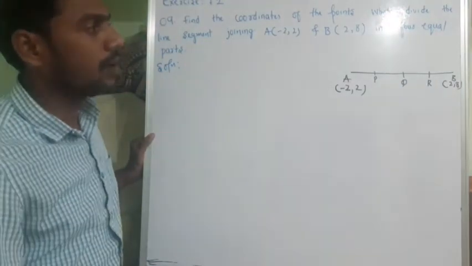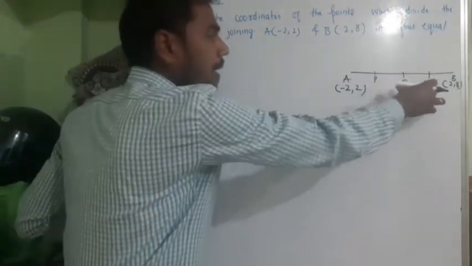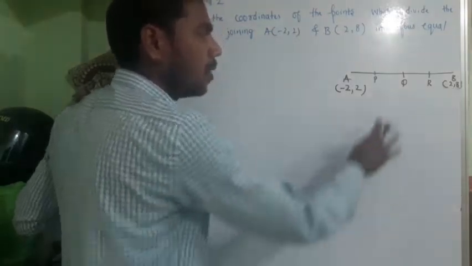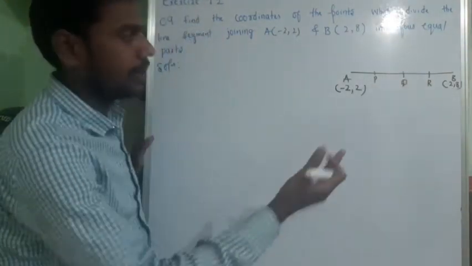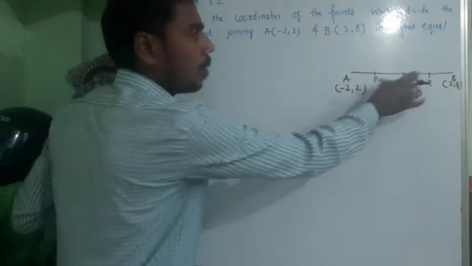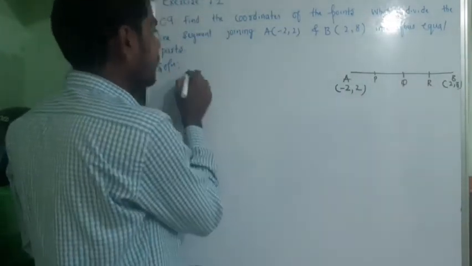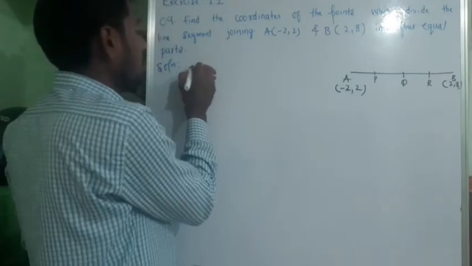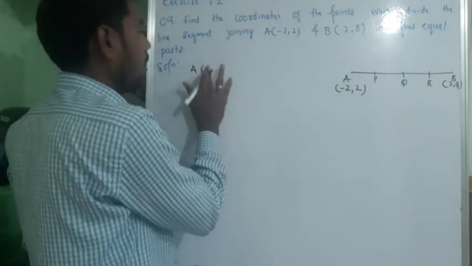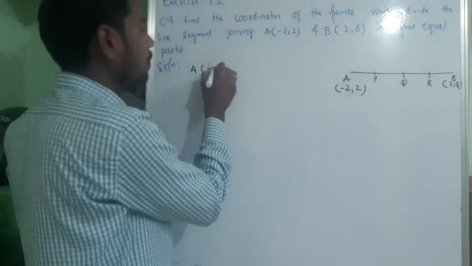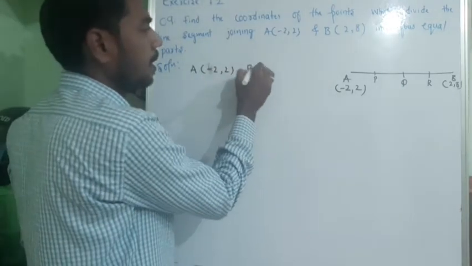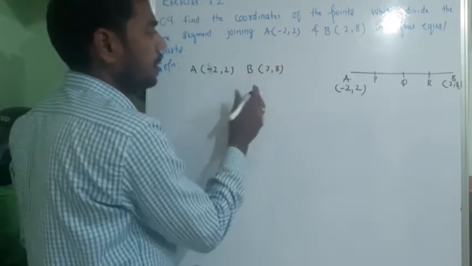If it is 3 equal parts, we used to get 2 points. Now it is 4 equal parts, so we are going to get 3 points in between. We need to find the coordinates of these 3 points. How are we going to do it? First we need to write the coordinates: A minus 2 comma 2, B 2 comma 8.